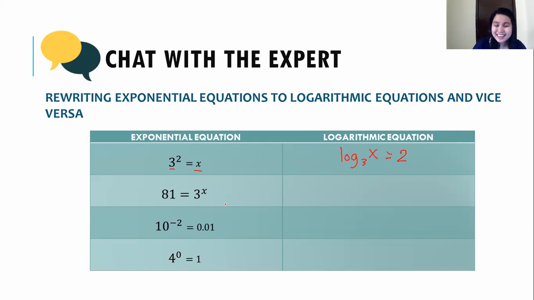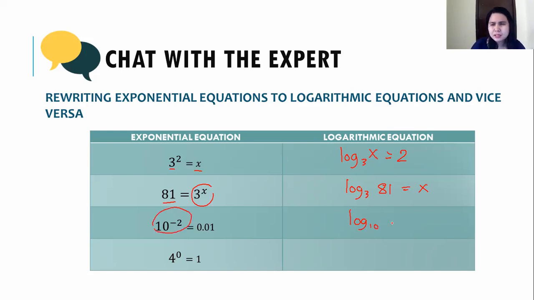That's it. Another. What is the base? 3. What's the answer? 81. What is the exponent? Equals x. Next. What's the base? 10.